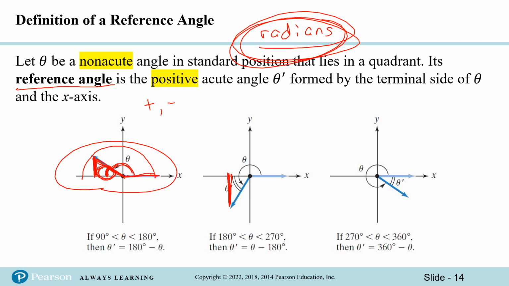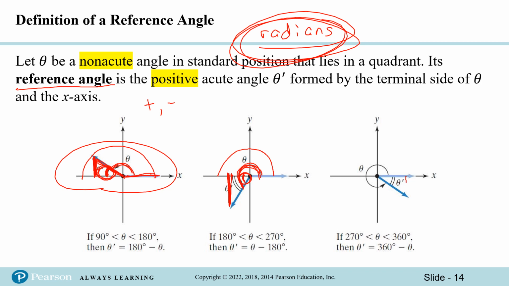So we know that this angle right here is between 180 degrees and 270 degrees, but we just need this portion of it, which is my entire angle, subtract off 180 degrees, and that will give me this little itty bitty angle right there. I told you we don't like degrees.